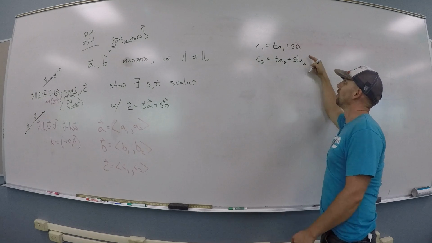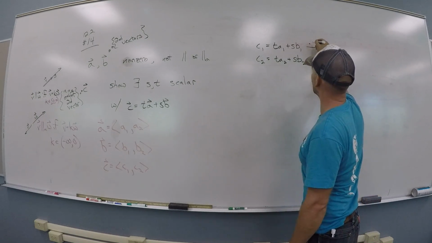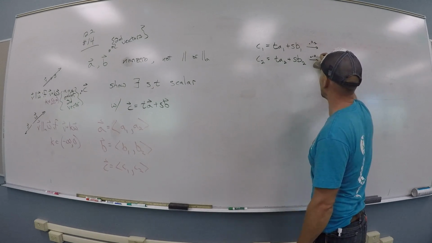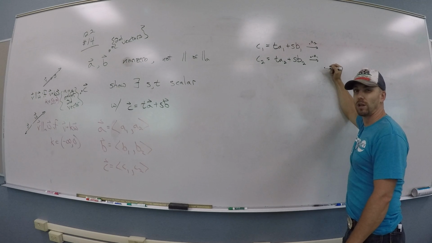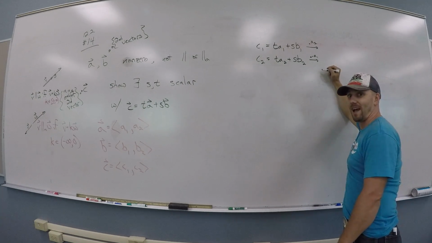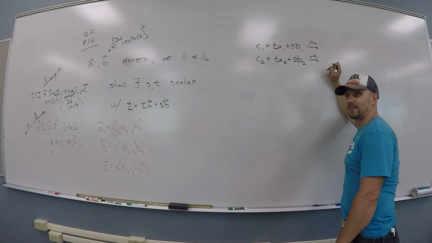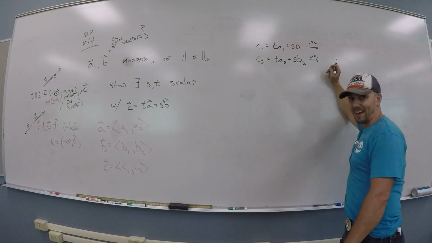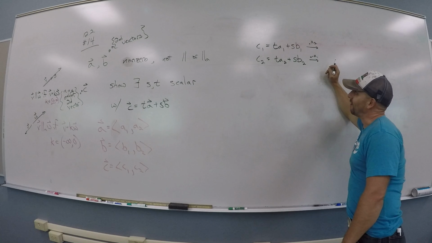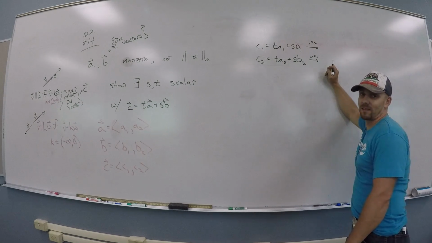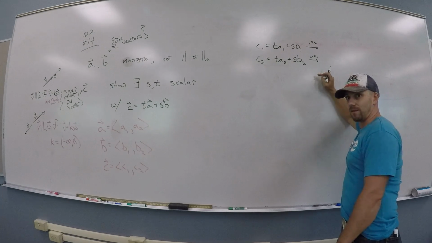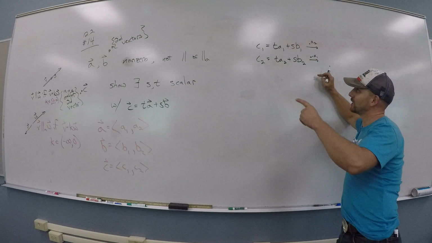I would recommend that you take the first equation and multiply by, say, A2, and then take the second equation and multiply by minus A1. My goal here is to establish that T and S exist.